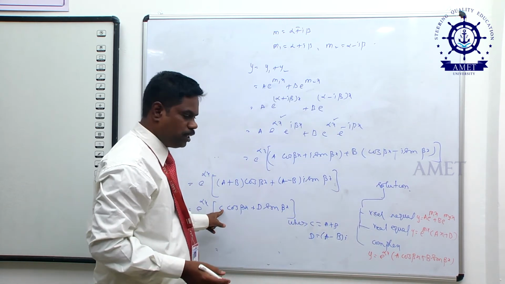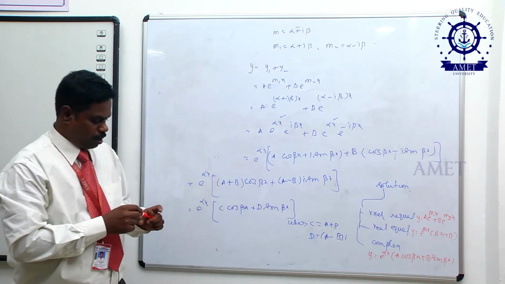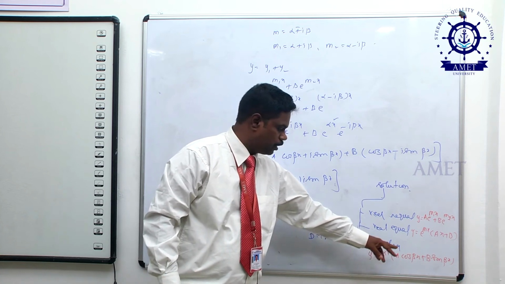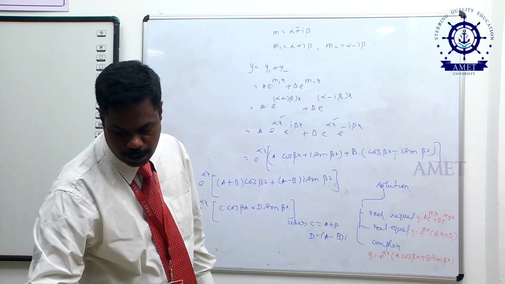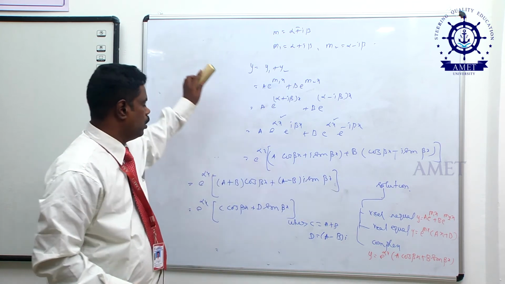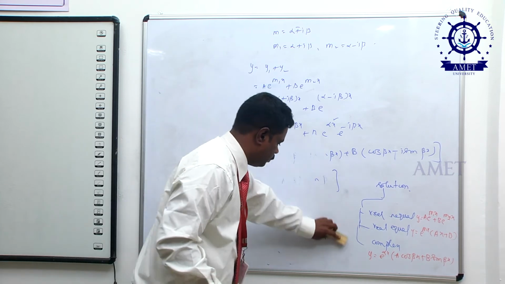Instead of c I am writing a, and instead of d I am writing b. So for the last case, when the roots are complex, y is equal to e power alpha x into a cos beta x plus b sin beta x. So these are the three possible solutions of the left hand side, that means the derivative part.